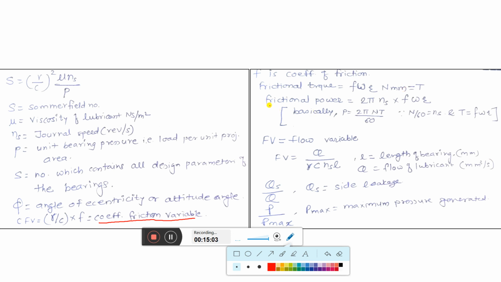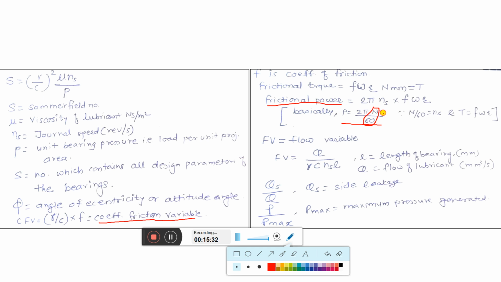Next one is the frictional power. Okay, this is quite important, frictional power, because some power is given, suppose 2 kilowatt power is given. Out of 2 kilowatt power, how much power is wasted in friction, that we have to find out. Okay, so the basic equation of power is nothing but 2 pi NT upon 60. Now we know that N by 60 is nothing but Ns, so we put N by 60 as Ns.